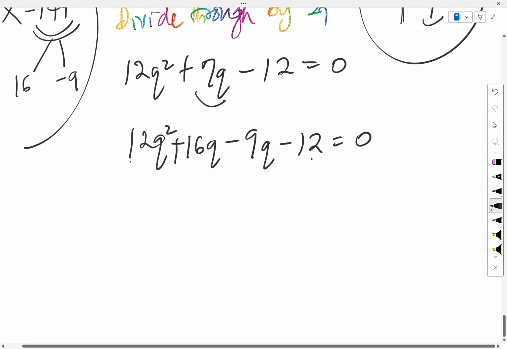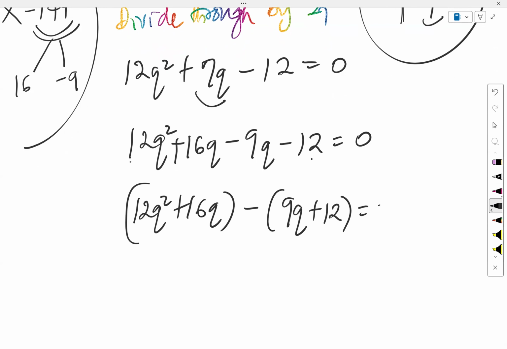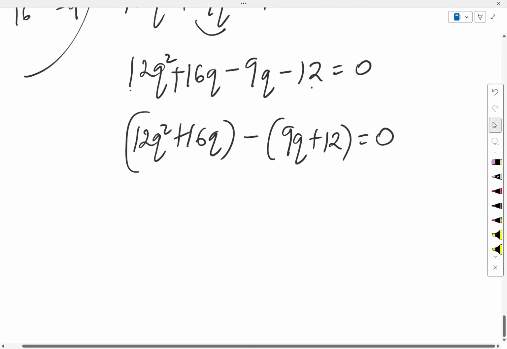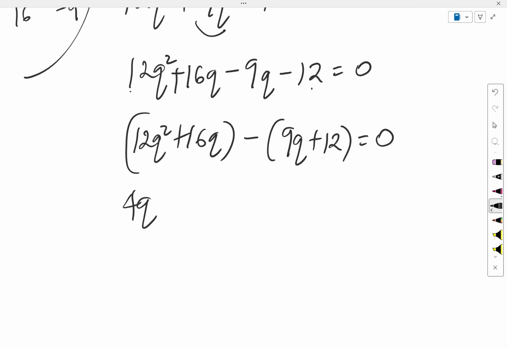So then we try to factorize. If we take them in pairs, we have 12q squared plus 16q, minus 9q minus 12, equals 0. What's common to this? That should be 4q into 3q plus 4, I believe.